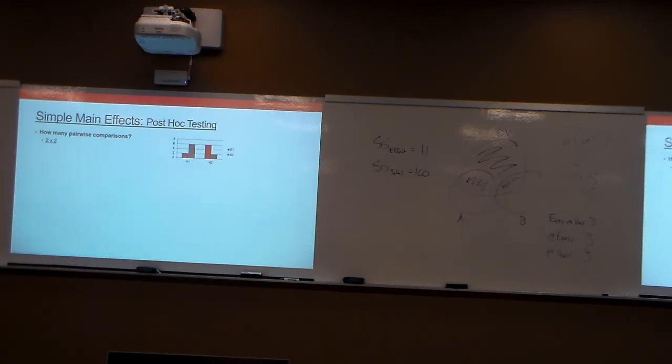The thing is, we need to be careful, as our design starts to get bigger, the number of all possible pairwise comparisons that we can make starts to get pretty intense. So in a 2x2 design, someone tell me how many meaningful pairwise comparisons I have. Yeah, so I had 4. Tell me where those 4 are.